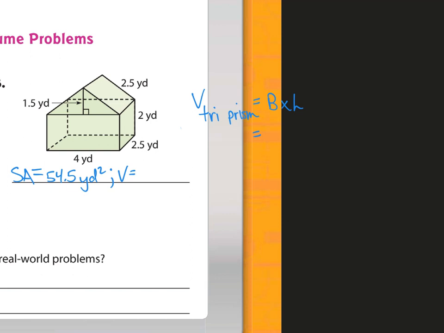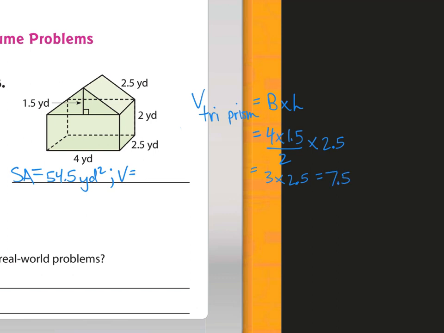And the base area is the area of the triangle, which is 4 times 1.5 divided by 2, and then times the height of the prism right there, which is 2.5. That's 3 times 2.5, which is 7.5.